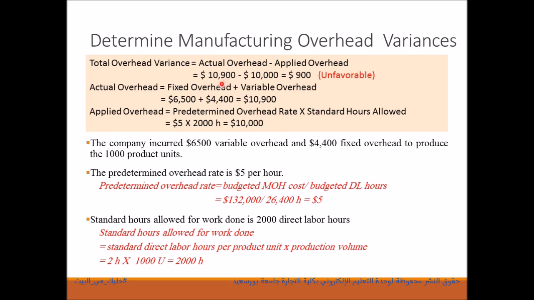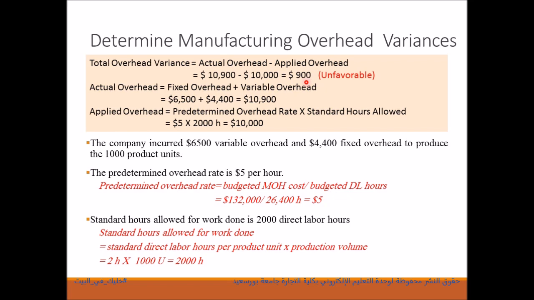So actual overhead is higher than the standard overhead by $900. So the overhead variance is unfavorable. $900 unfavorable overhead variance. So we have analyzed the difference between actual and the standard cost and found that Cross Manufacturing Company has $3,000 total unfavorable variance.